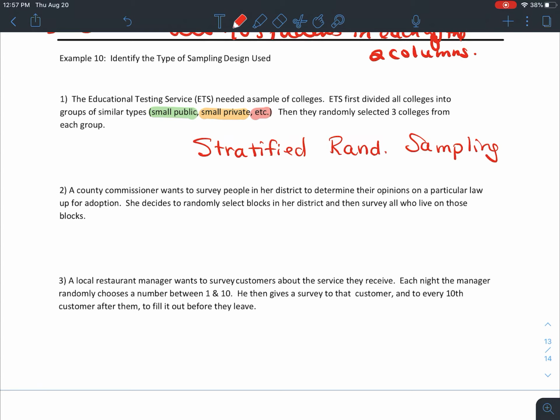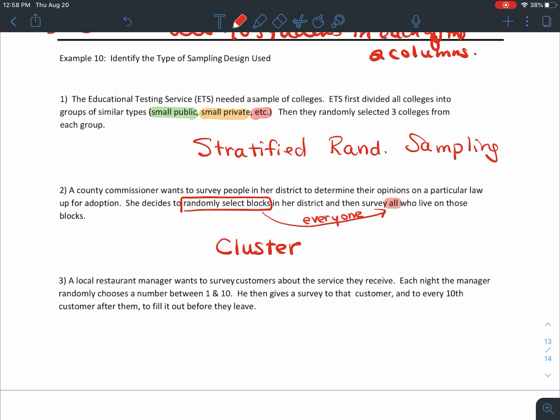She decides to randomly select blocks in her district and then survey, here's the key word, all who live on those blocks. Anytime you randomly choose a group and then you survey everyone who was in that group, that is what cluster sampling is.